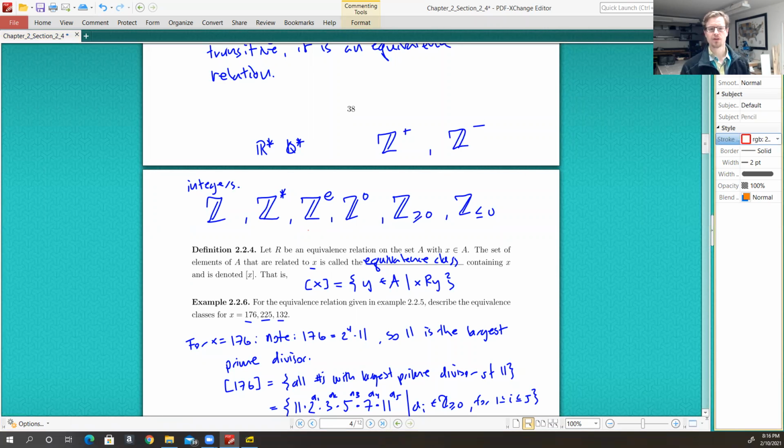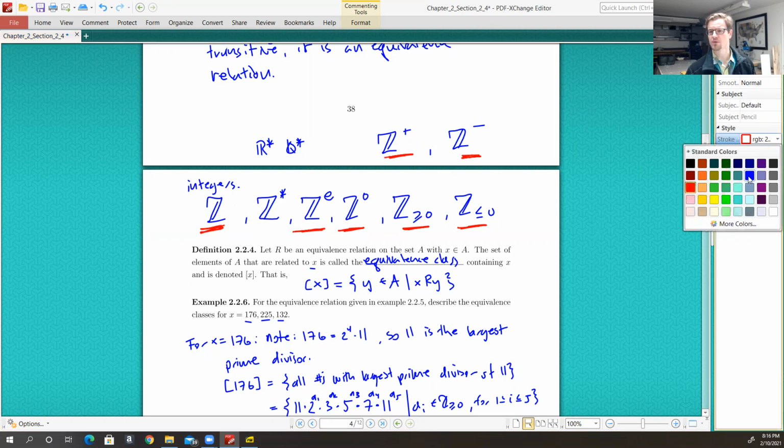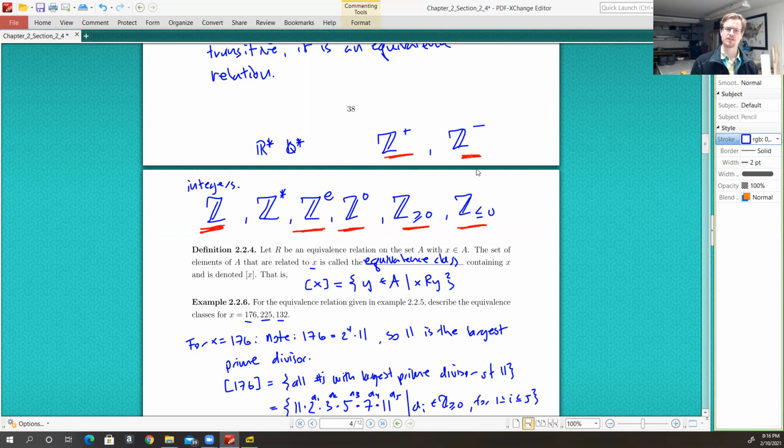In particular, evens, odds, and occasionally you'll run into non-negative, non-positive, positive, and negative. And of course, the standard integers. All right, so just some notational stuff going on there.